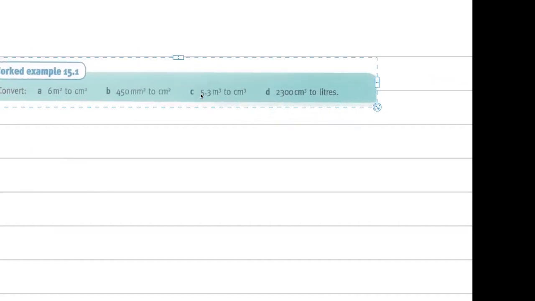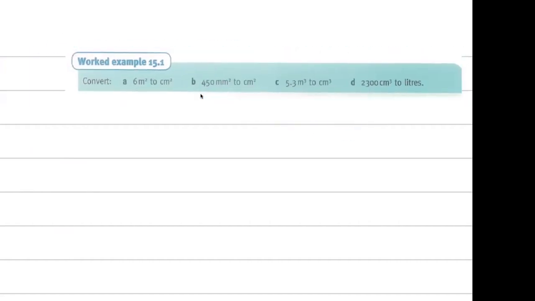We can do it the same method that we used earlier on, whereby we convert it using how many times there are. So we can see the first one, 6 square meters. There are 2 meters here, changing to 2 square centimeters. So you can just put 6 times 100 times 100.